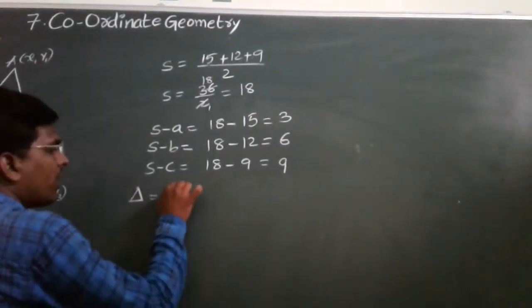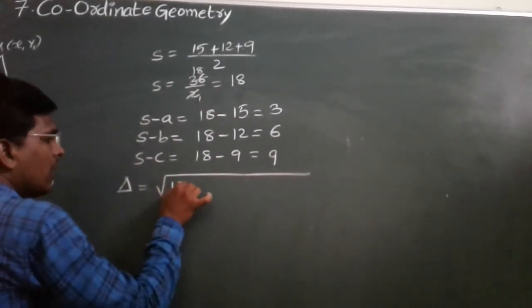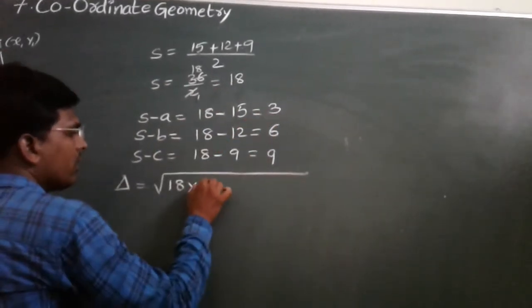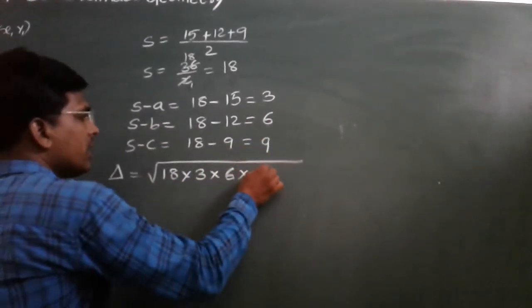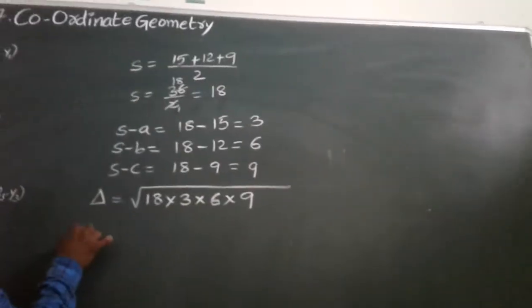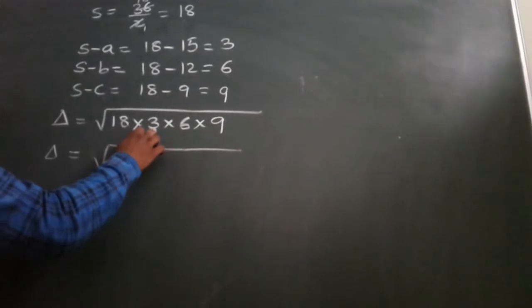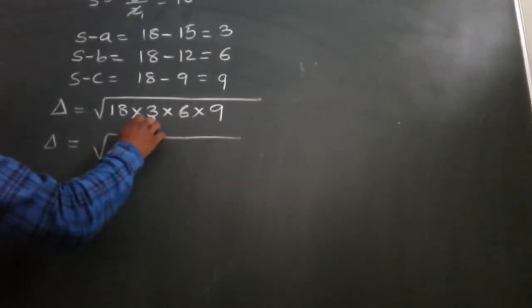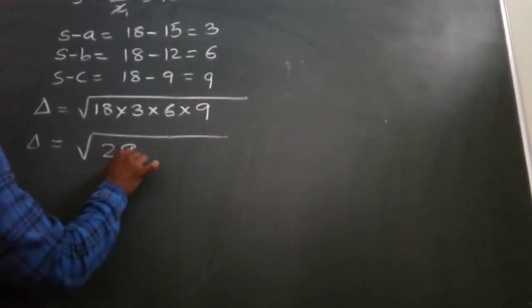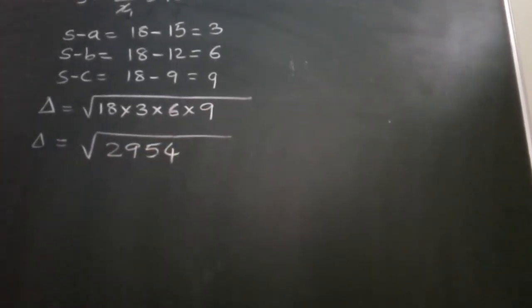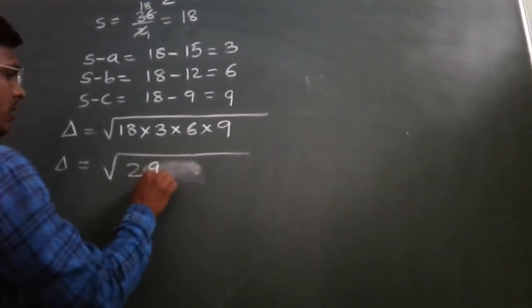Now we can substitute all these values in the formula. So the triangle area is equal to the square root of S, which is 18, into S minus A, 3, into S minus B, 6, into S minus C, 9. 18 times 3 is 54, 54 into 6 is 324, 324 into 9 is 2916.